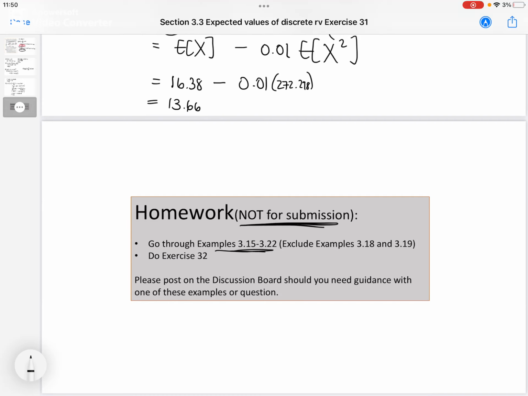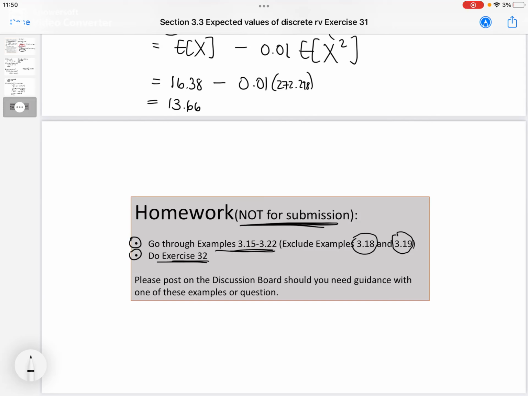All right, so now your homework, which is not for submission, is to go through examples 3.15 to 3.22. Gosh. And you can exclude examples 3.18 and 3.19. And also do exercise 32.